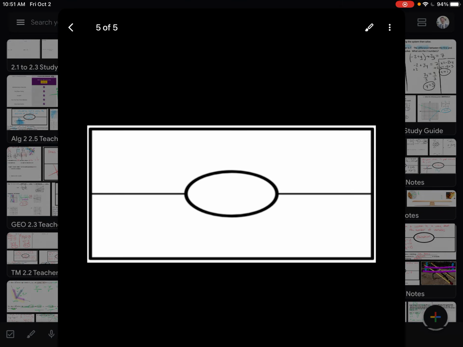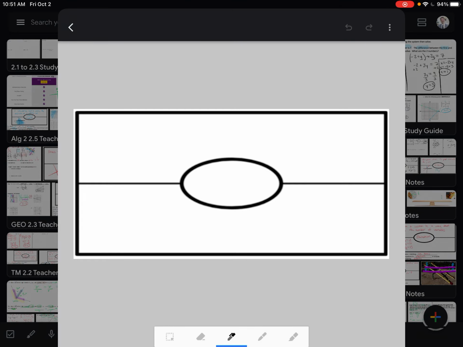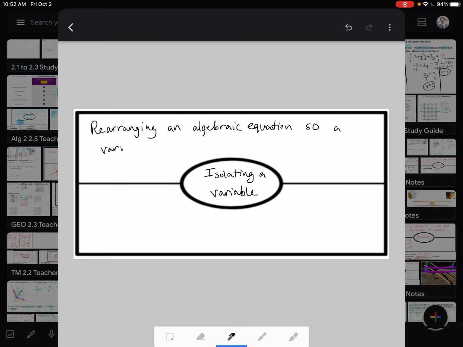Our first definition for today, like we actually just did, is isolating a variable. This is when we rearrange an algebraic equation so a variable is on its own.